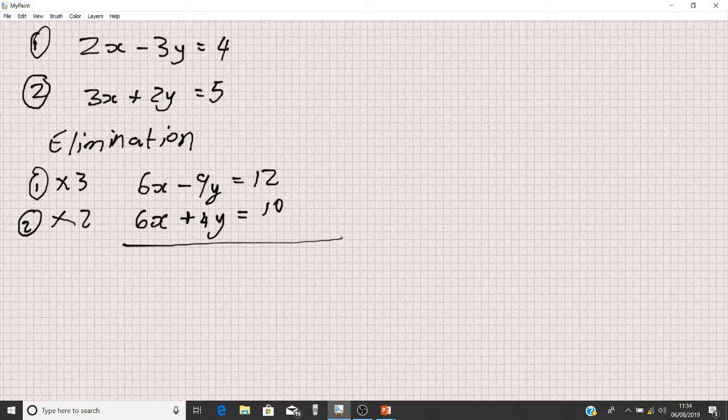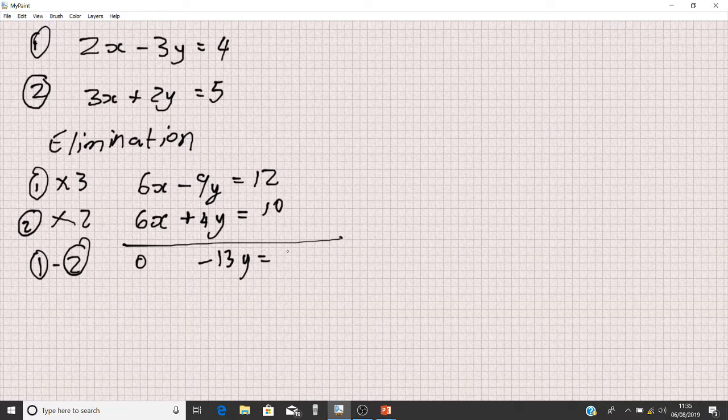To eliminate, I simply subtract line 2 from line 1. So the 6x minus 6x just eliminates that. So negative 9 minus 4 is negative 13y.